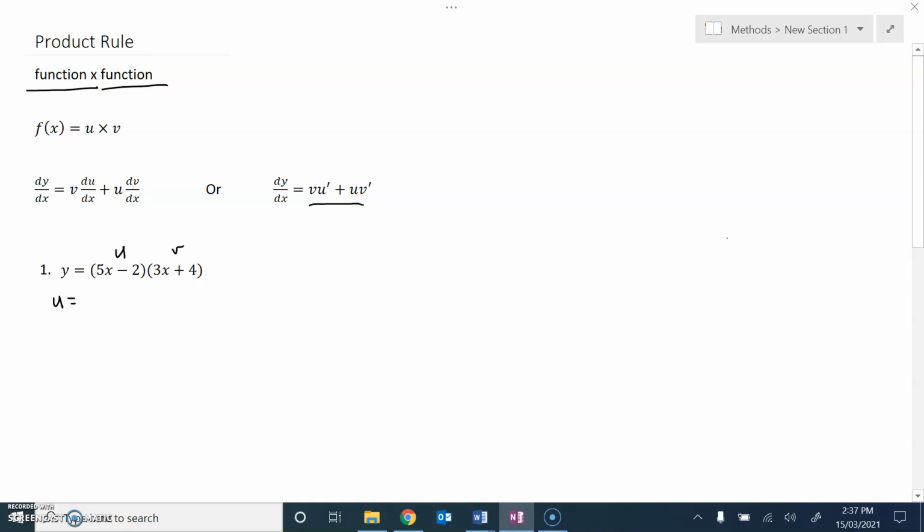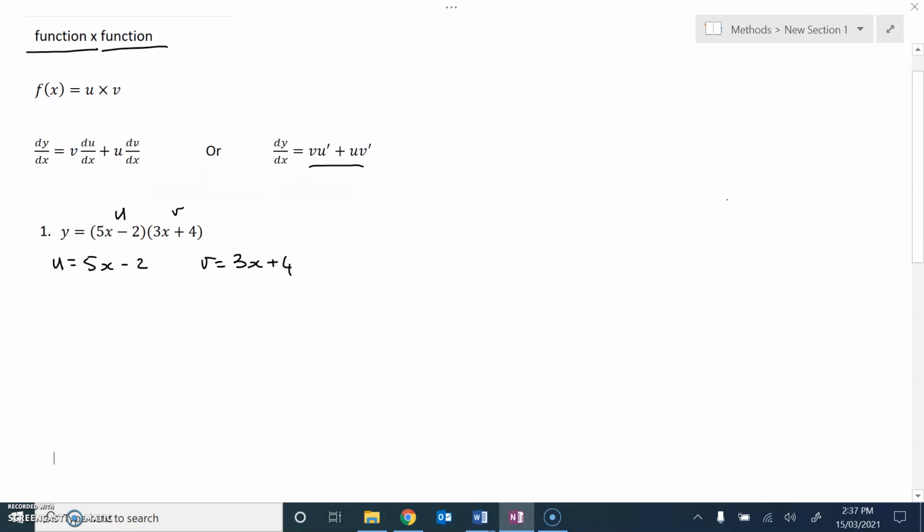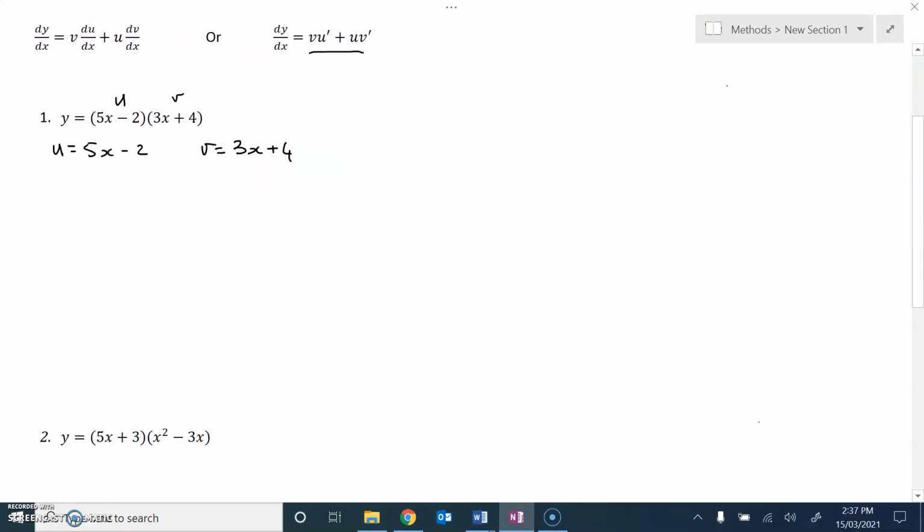I'm going to let u equal 5x take 2, and I'm going to let v equal 3x plus 4. And we're using the product rule. Okay, so the derivative of u with respect to x is 5. The derivative of v with respect to x is 3.